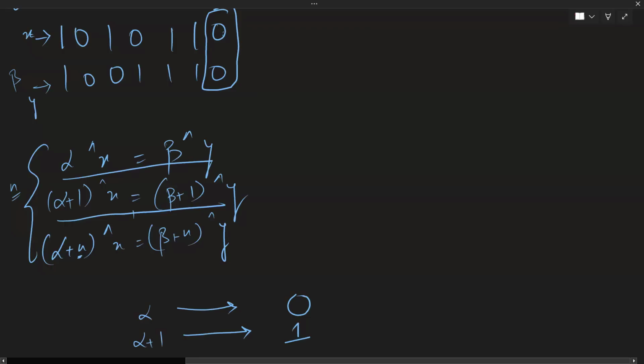Okay. Now, this is the second last bit. If it is set or unset in alpha plus 1, in alpha plus 2 it will definitely be different. Yes, no?